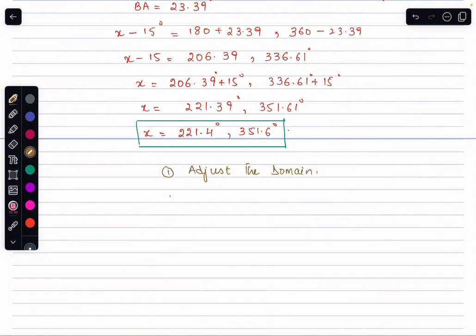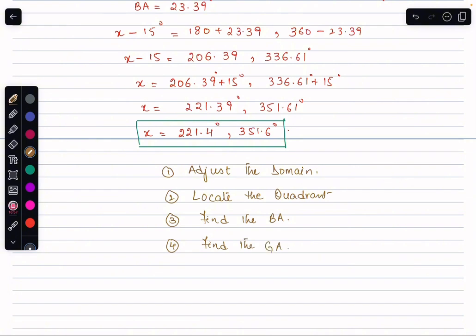Number 2, locate the quadrant. And number 3, find the basic angle. And finally, after that, you have to find the general angle here.